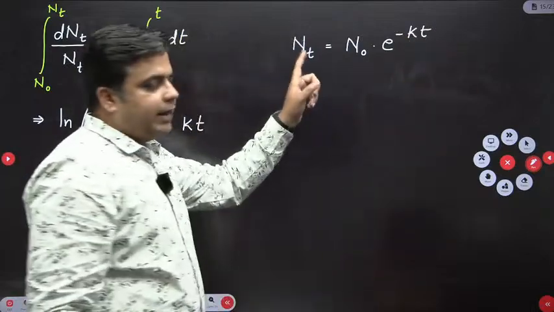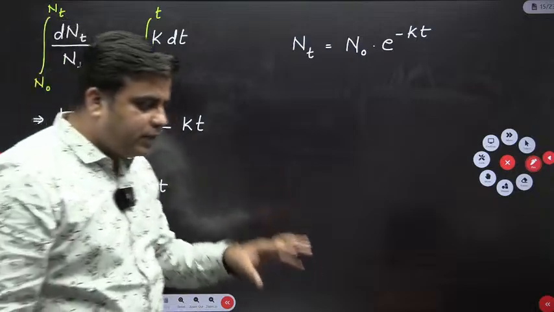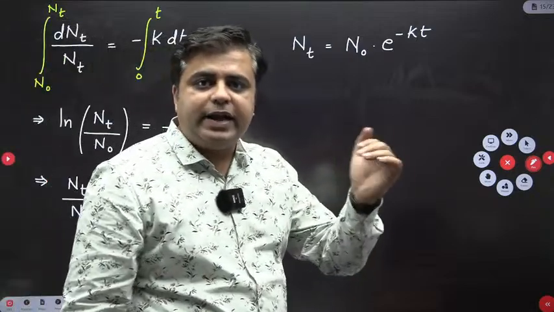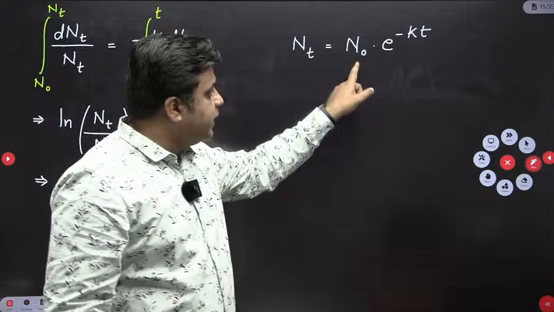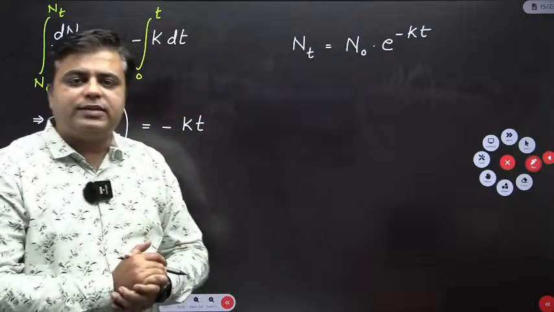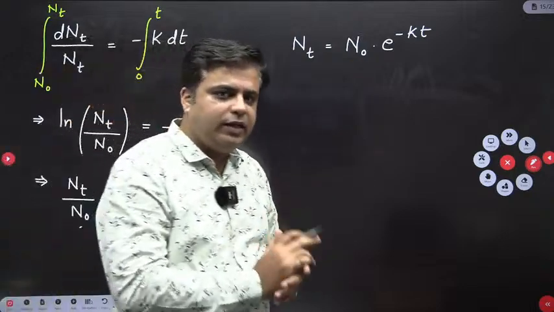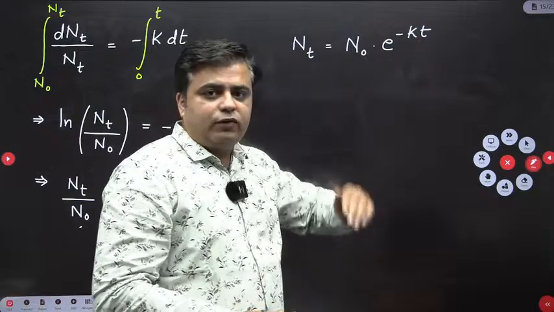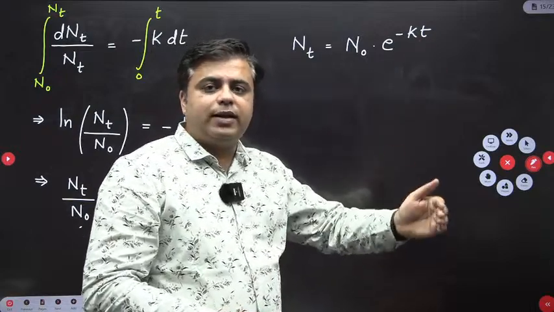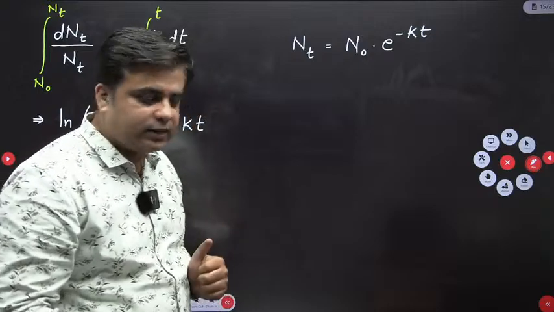Nt is the number of microorganisms present in the system after any time t. N naught is the total number of microorganisms present in the system initially. t is the time after which you want to calculate the number of microorganisms present in the system.